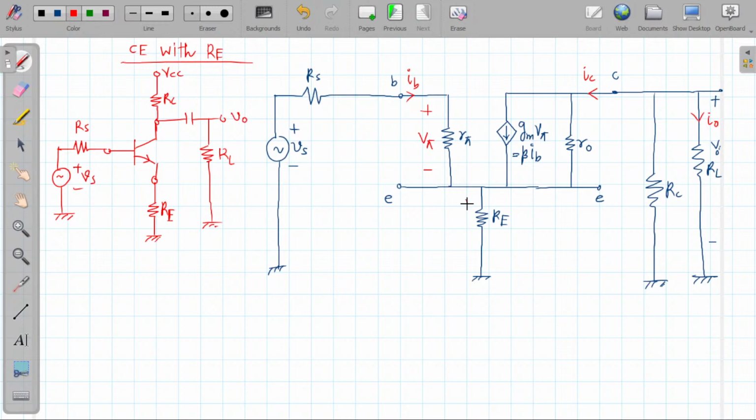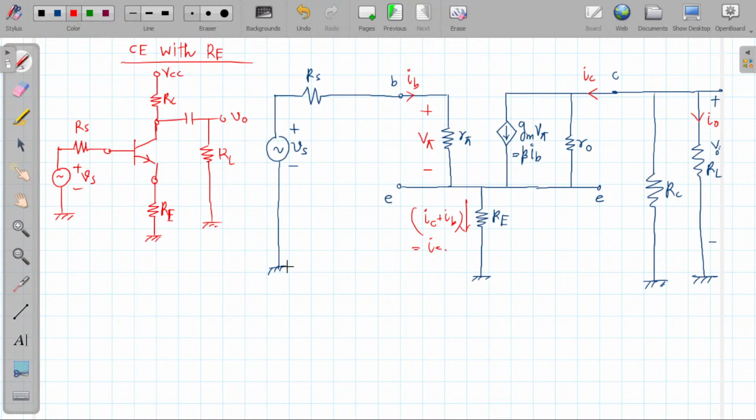What is the current flowing through RE? From this end, IB is coming, and from this end, IC is coming. So that means it will be IC plus IB. So this is my IE current that is flowing through the emitter.